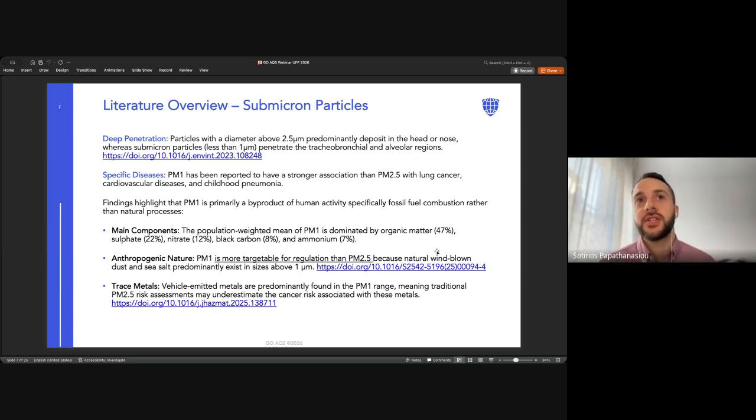So for this reason, some papers say that it is more targetable for regulation than PM2.5. They were also able to find trace metals, especially vehicle-emitted metals, from brakes especially, when they analyzed those specific submicron particles, that are associated with cancer risk and so on.